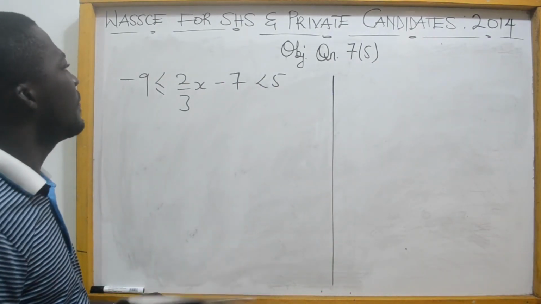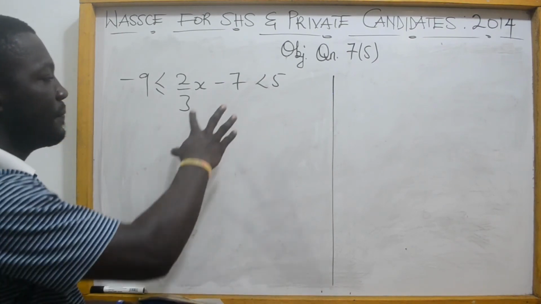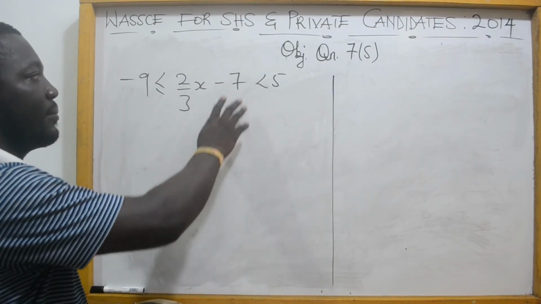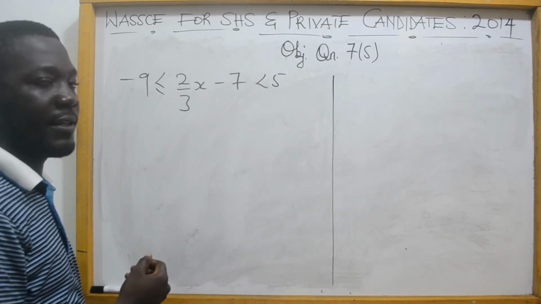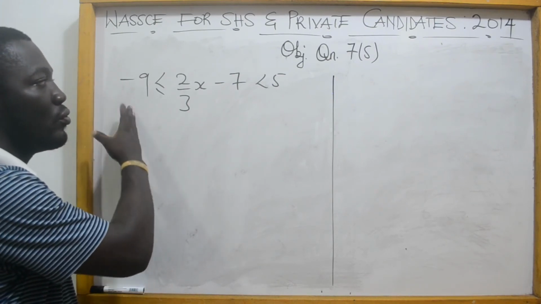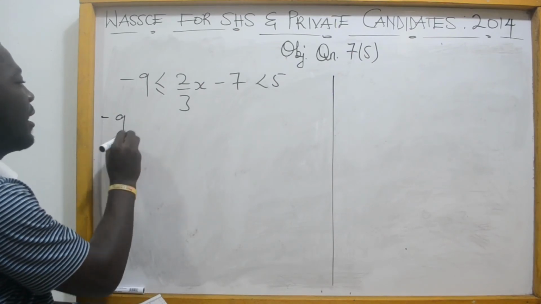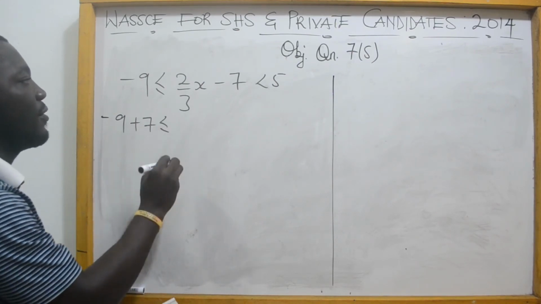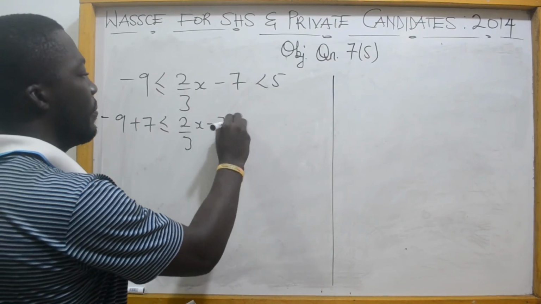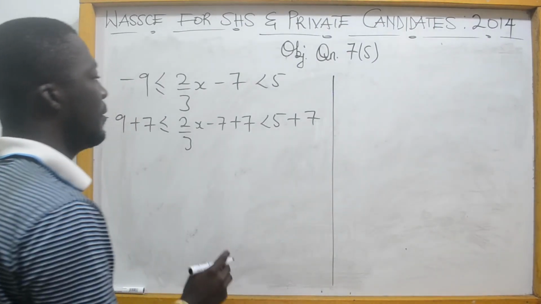So we find the least common denominator. Now before that, we have three sides, 1, 2, 3. So let's get rid of this -7, and we can do that by adding 7 to each of the sides. So -9 + 7 ≤ (2/3)x - 7 + 7 < 5 + 7.